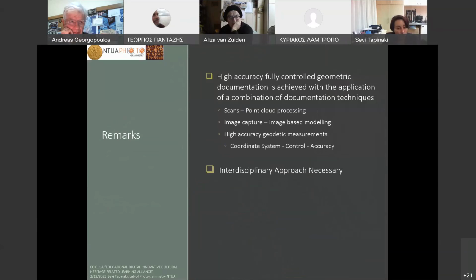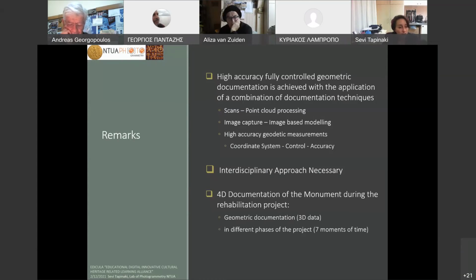Always, the interdisciplinary approach is necessary. Kyriakos mentioned that before. And we can say that we have a 4D documentation of the monument during the rehabilitation project. Geometric documentation gives the 3D data. In different phases of the project, we have time as the fourth dimension.